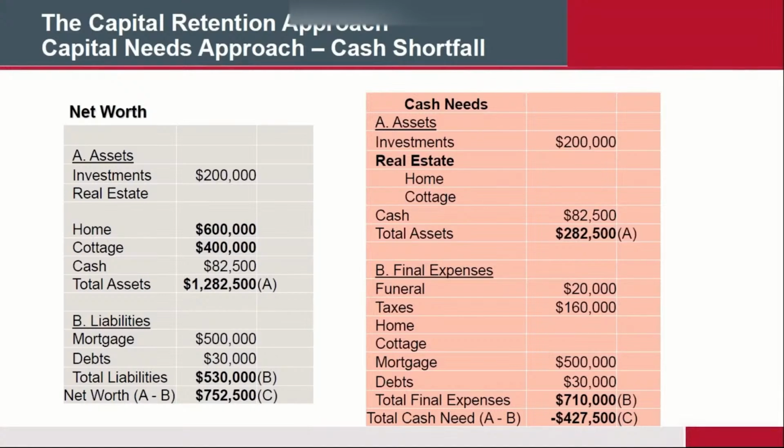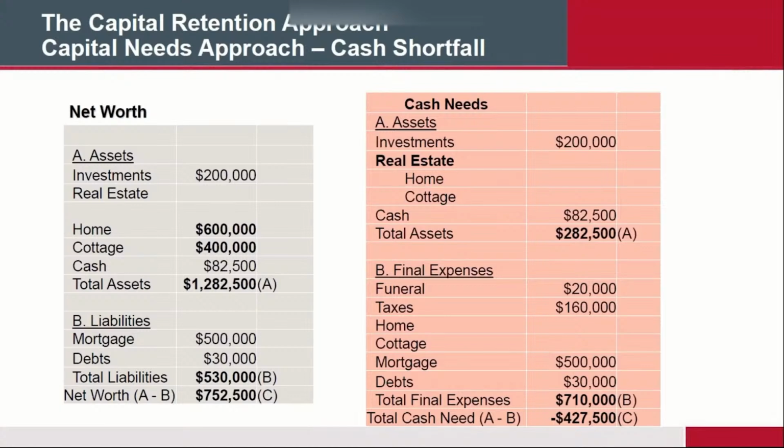Now, the next thing we have to look at is, what are the final expenses? When you pass away, what would you like? In other words, if you could write a big check today, Mr. Jones, because you want to leave your family with no debt whatsoever, what would that be? So let's take a look at your final expenses. A funeral cost, $20,000.